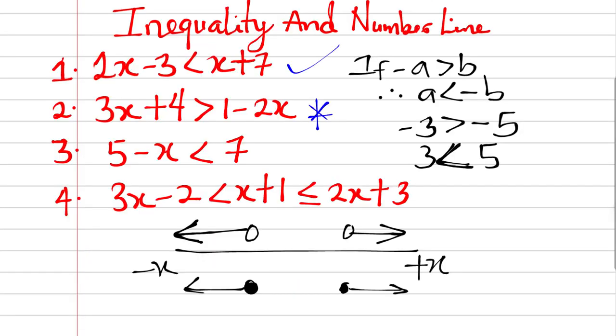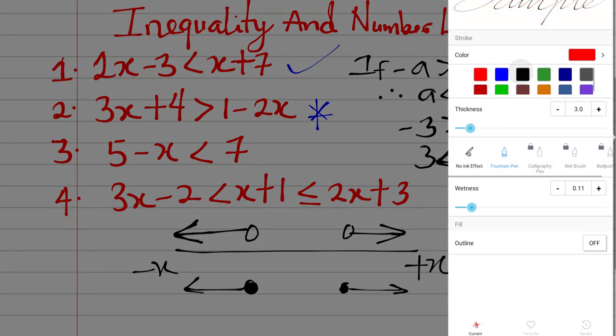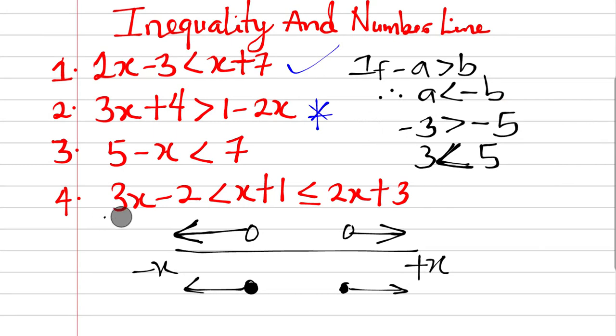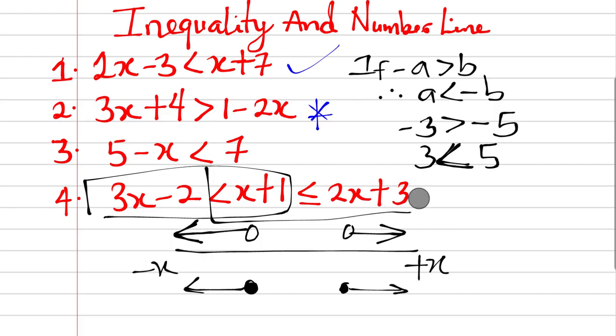All right, now we have the last one, which is a double inequality. Now to solve this, you need to calm down. Are you seeing that? That's why I put it as the last question. You need to really calm down. Now if you want to do this, you are just going to split the signs. You first take this and this, then you now solve this and this.